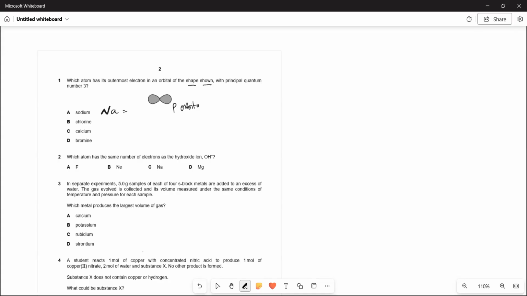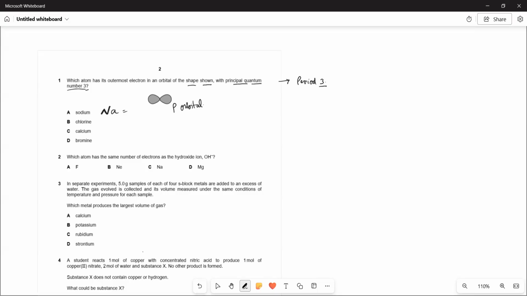Yes. And with principal quantum number 3, the principal quantum number means the number of shells, the outermost shell, total 3 shells in it. So that should be a member of period 3, right?